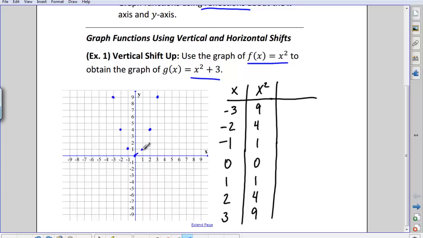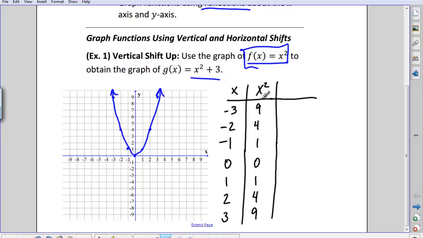You should recognize this shape from that library of functions. It's the graph of the square function, and that's the original graph, x squared. We want to use that to find the graph of x squared plus 3. If you think about what happens in the table, I'm squaring my x value and then adding 3 to it.